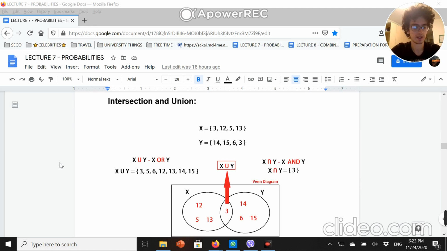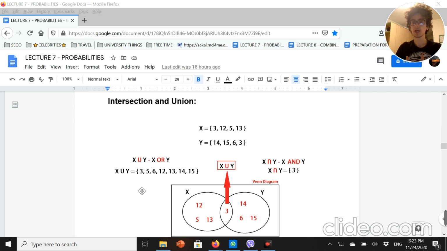When we get an exercise that says X or Y, we know that we're going to find their union. And what is that? They're just all numbers from these two sets, or any sets that you get. It doesn't matter, you can get as many sets as possible, just combined together.